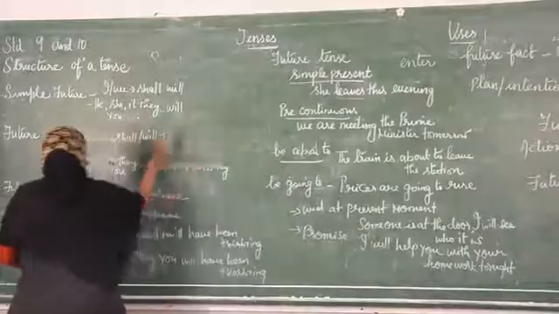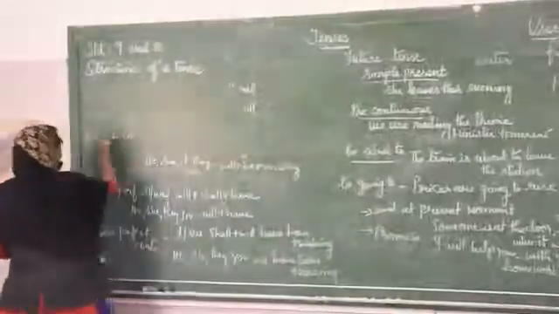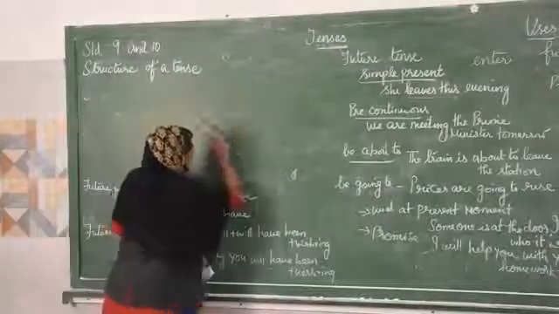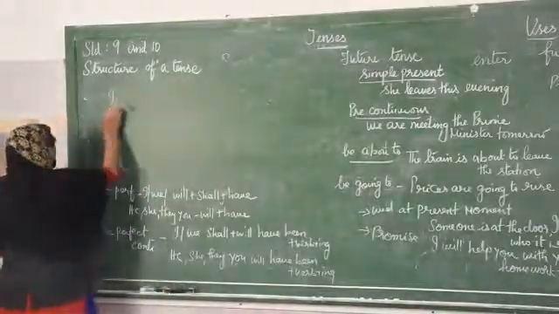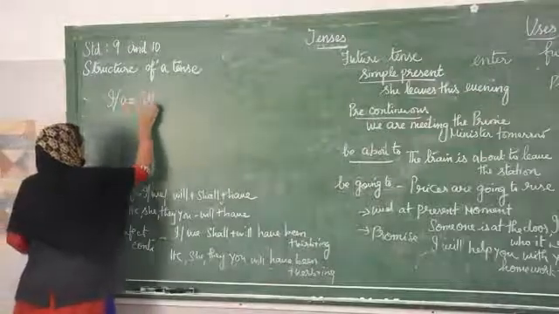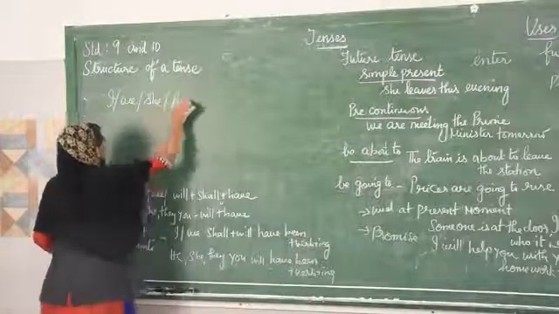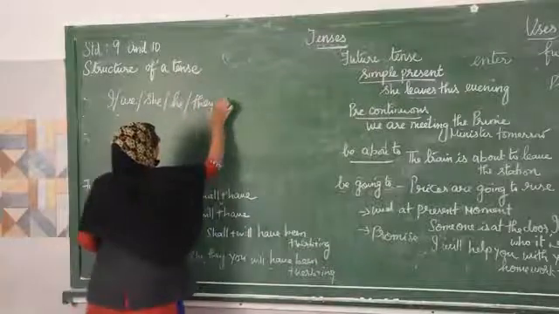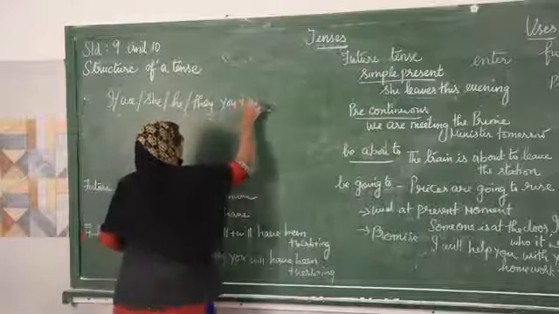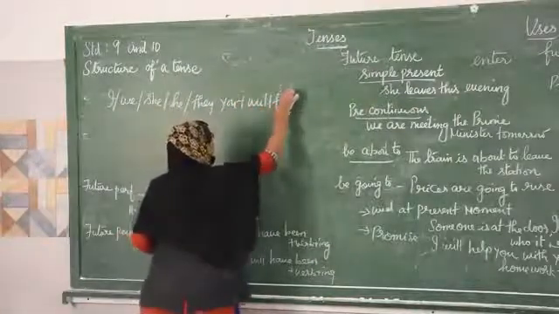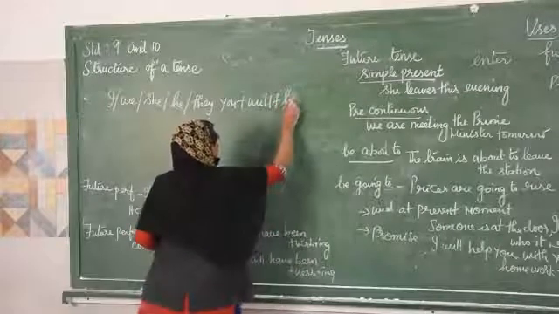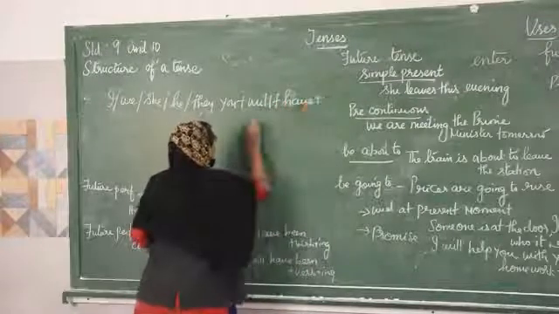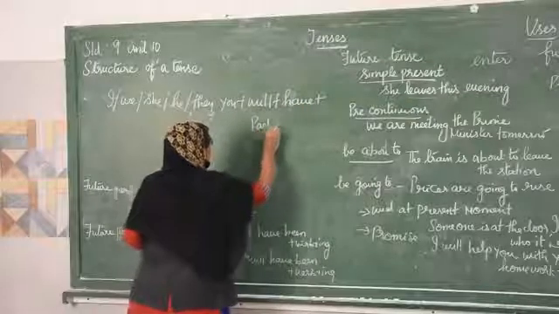Next one is future perfect tense. What is the formation of future perfect tense? I, we, she or he, they, you, plus will plus have. You should not use had there. Here, have plus past participle.